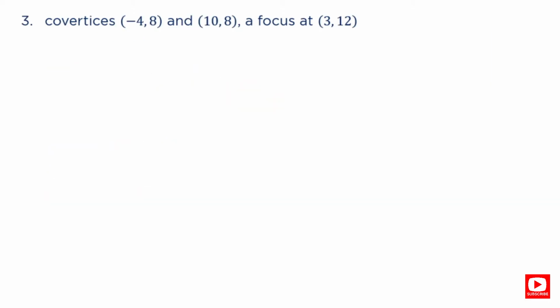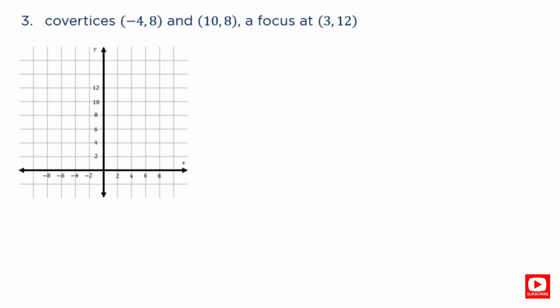For problem number 3, we have here the co-vertices are negative 4, 8 and 10, 8. And one focus at 3, 12. Okay, so para malaman natin yung orientation ng ellipse na to, we will first plot the points on the Cartesian plane. So suppose this is our Cartesian plane. Since the co-vertices are negative 4, 8, and 10, 8, so it is somewhere here.